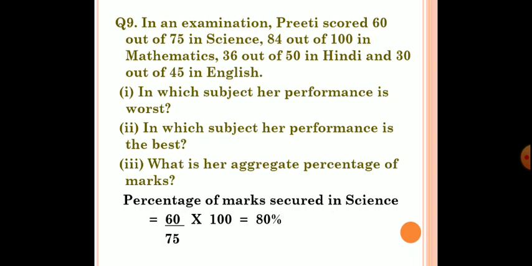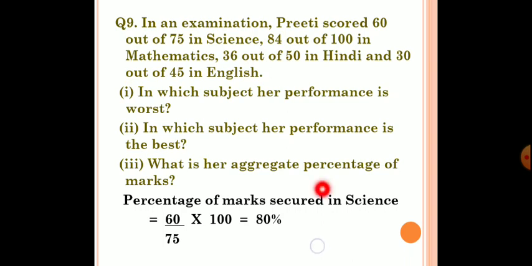So let us first convert all these marks into percentage form. If we are converting into percentage, that means each mark will be converted out of 100. Then it will be easier for us to compare all the subjects.